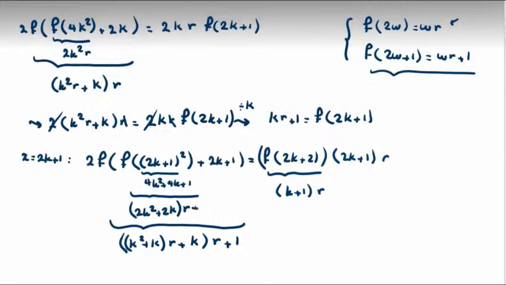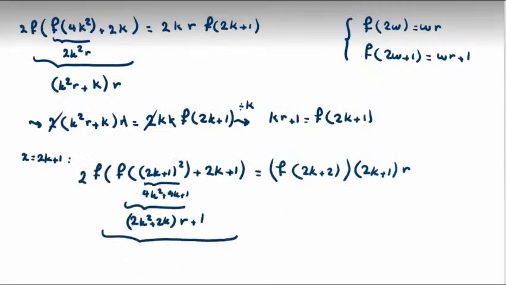Sorry, here we should add 1 because if you want to apply this, it will be divided by 2 plus 1. Okay, so here if we add 1 plus 1 it will be 2. It is an even number, so then we use this. It will be what?